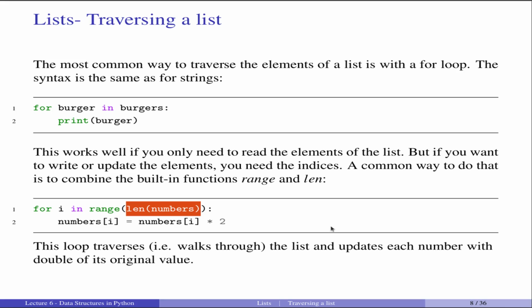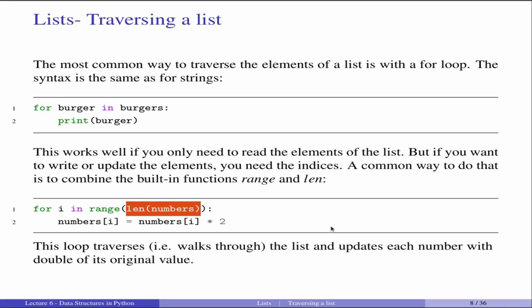One is 0 and the second one is 1. Why 0 and 1? Because the range function generates a list starting from the default value 0 up to the number specified in the range.